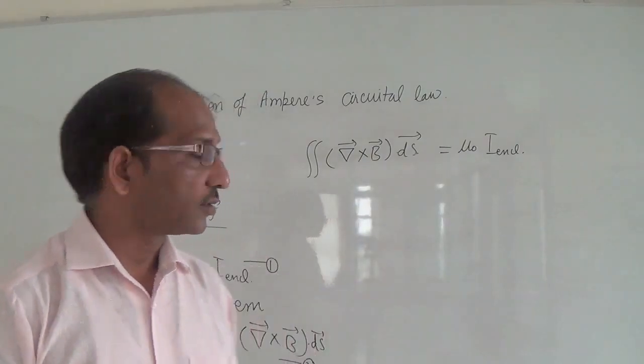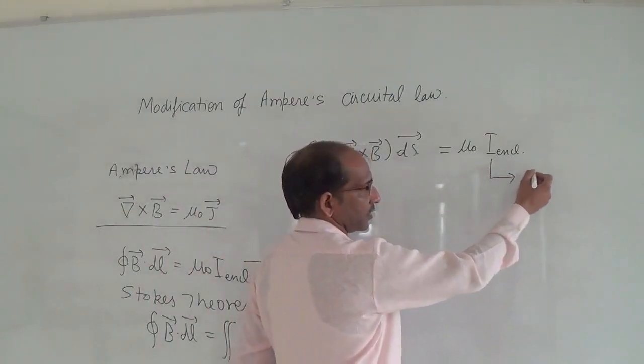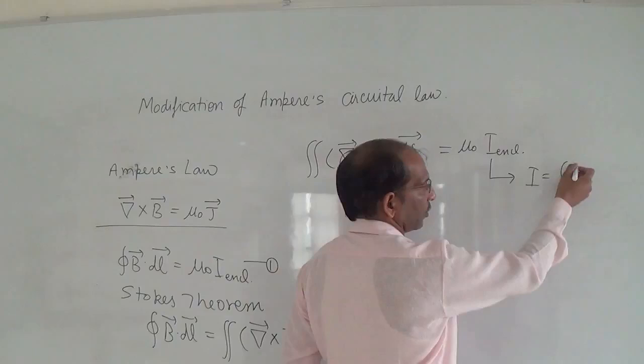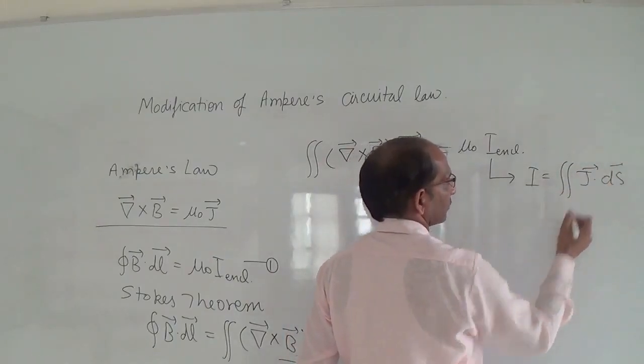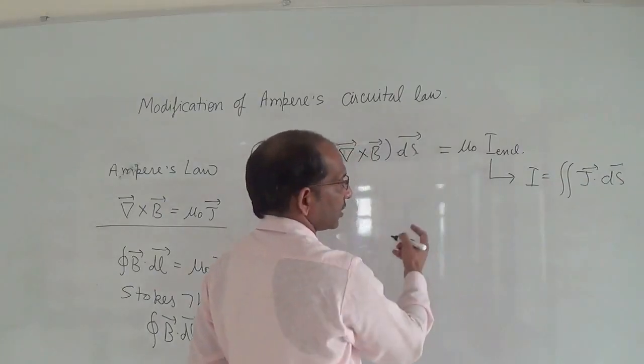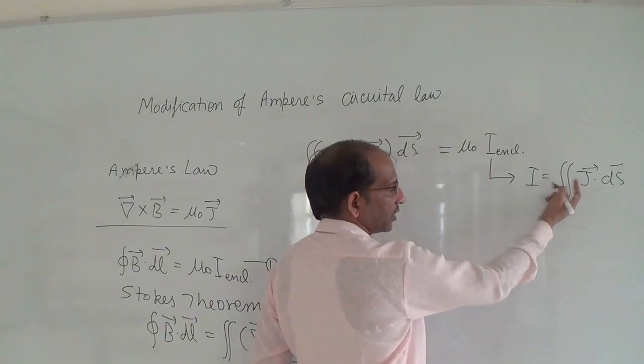The current can be defined as I equal to the open surface integral of J dot ds.